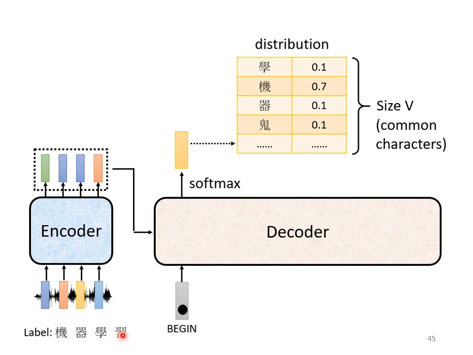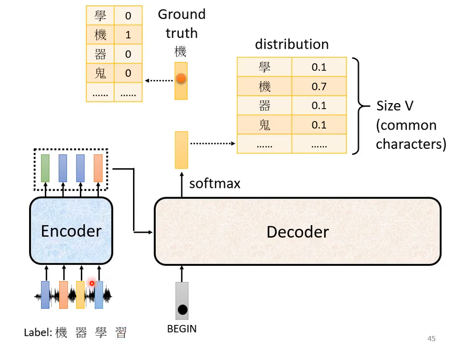How can machines learn to do this? We already know that when the input is this audio signal, the first output word should be G. So when we put the begin token into the decoder, its first output word should be as close to G as possible. What does closer the better mean? The word G will be represented as a one-hot vector. In this vector, only the dimension corresponding to G is 1.